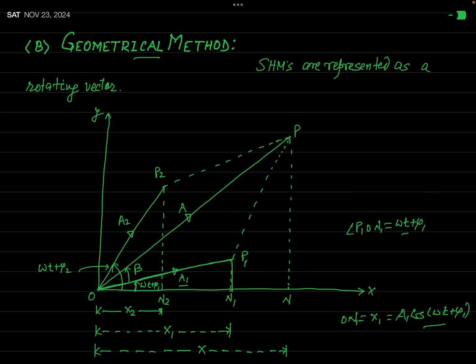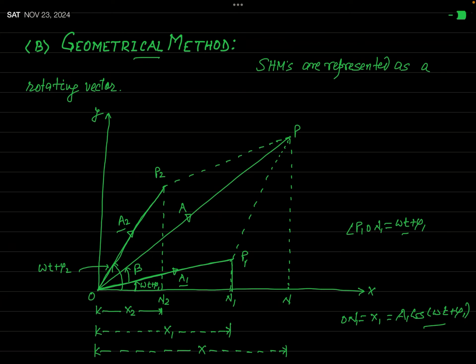Similarly, you can also see that I have assumed this vector OP2. This is another rotating vector and its length is A2, which is the amplitude of the second simple harmonic motion.